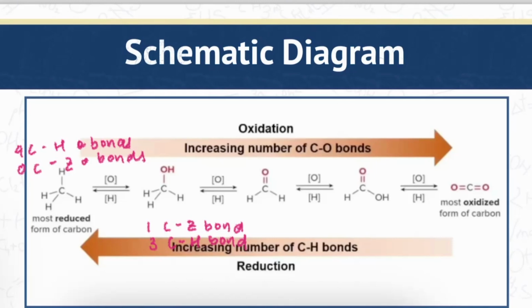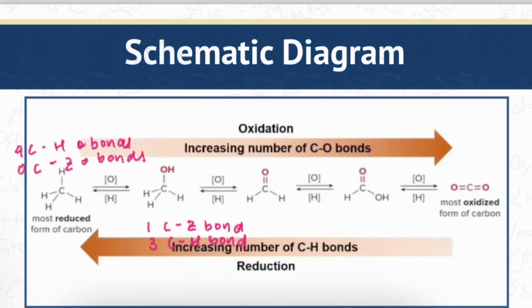So now let us shift our focus to reduction. For instance, when we reduce carbon dioxide into an alcohol, we actually increase the number of carbon-hydrogen bonds, and we reduce the number of carbon-oxygen bonds. So this reduction series can be summarized as follows.